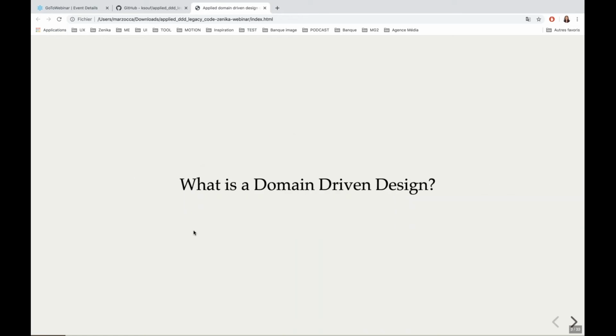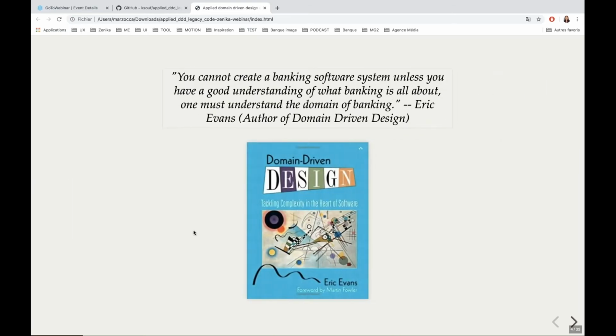So what is actually domain-driven design? Domain-driven design is an approach created by Eric Evans, focusing mainly on business, not on technical aspects.